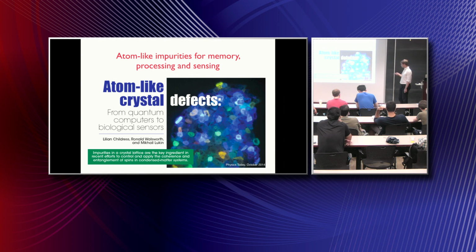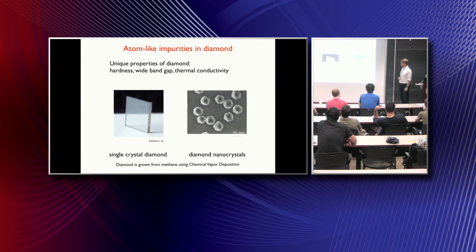So those defects are now explored in many experiments. They can be thought of like artificial atoms, and I will elaborate on that in a second. As such, they can be used for building quantum computers, for building biological sensors, and for many-body physics experiments, which I will describe.